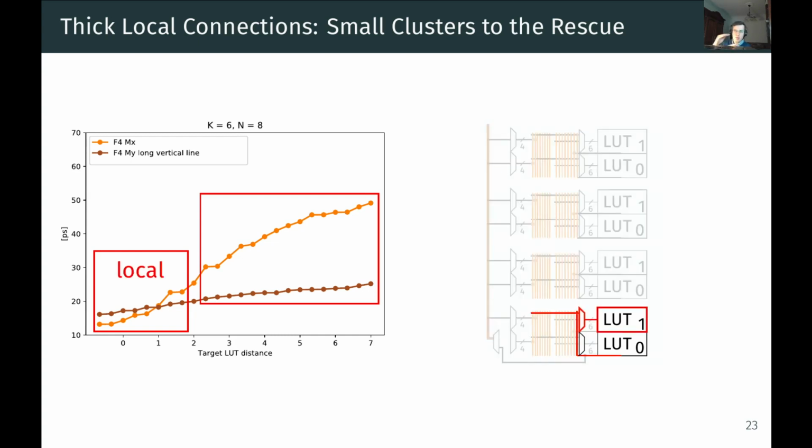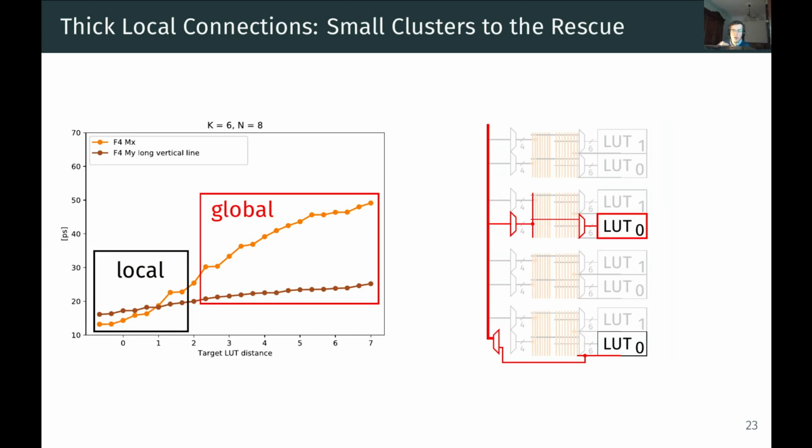The short span connections could stay local to the cluster, thus being routed at the more appropriate MX layers. And if we want to reach further lookup tables, we could simply exit the cluster, use the global routing at the MY layers, and then enter another cluster to reach the destination lookup table.